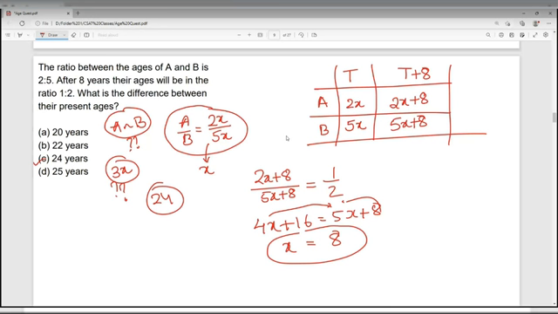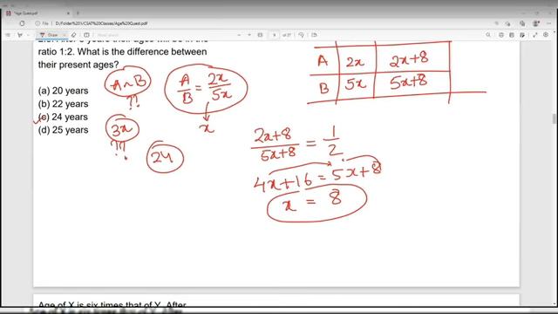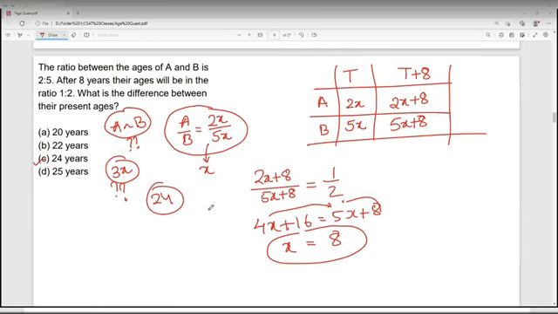So if you have any doubts regarding this question, please do ask. Please raise your hand if you want to clear any of your doubts, and you can ask. Is this clear? Is the solution clear?